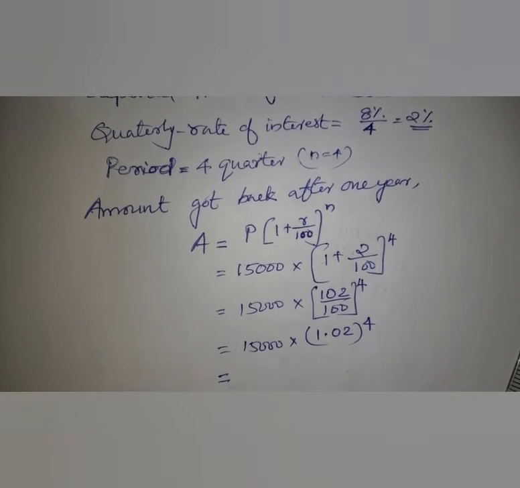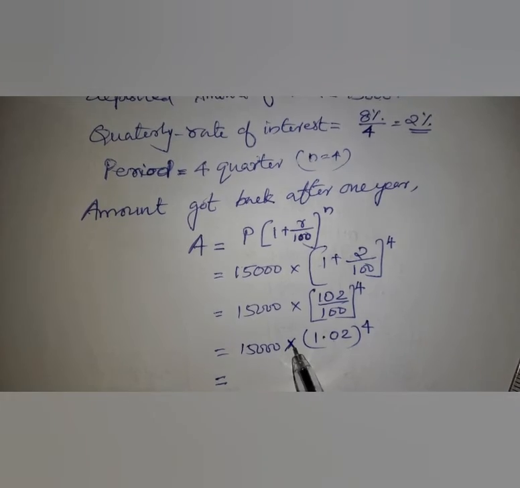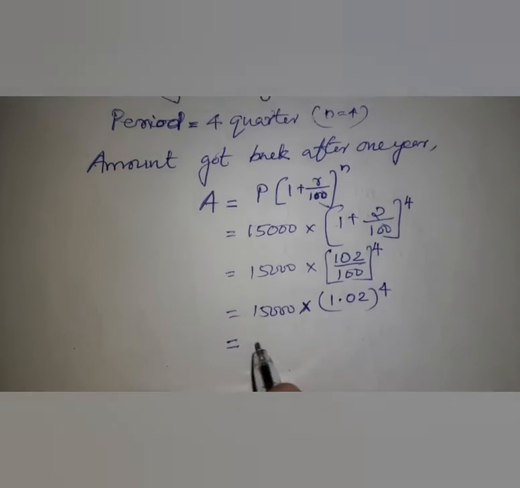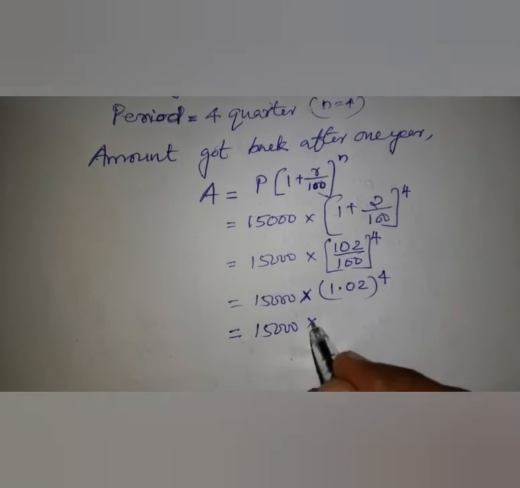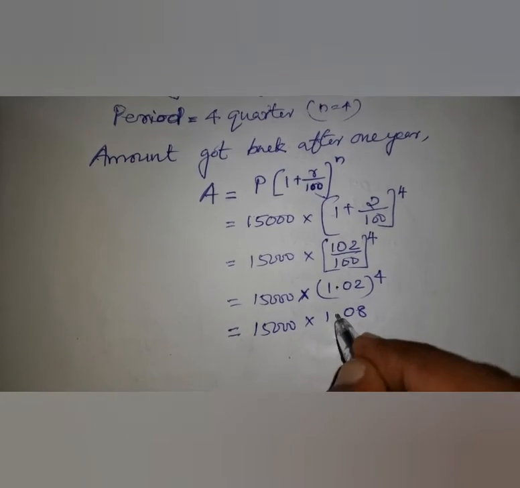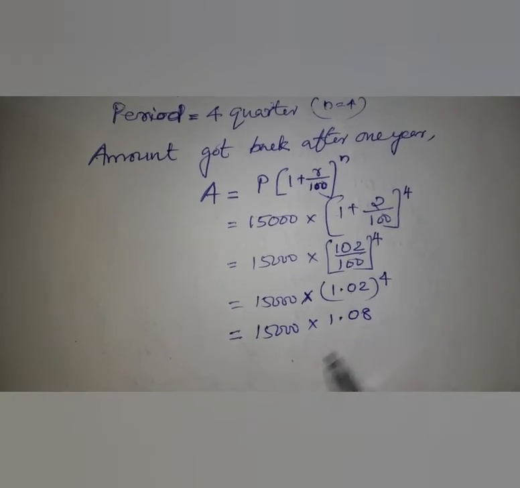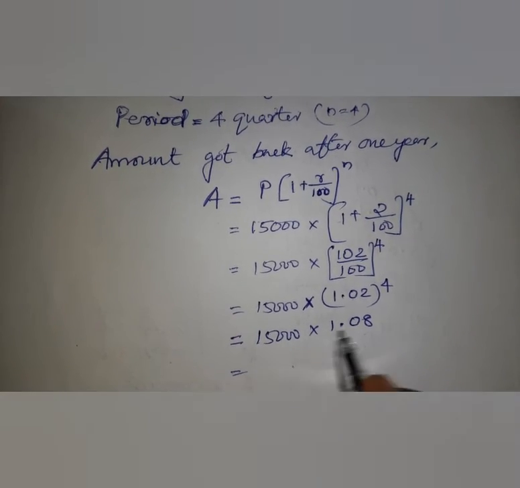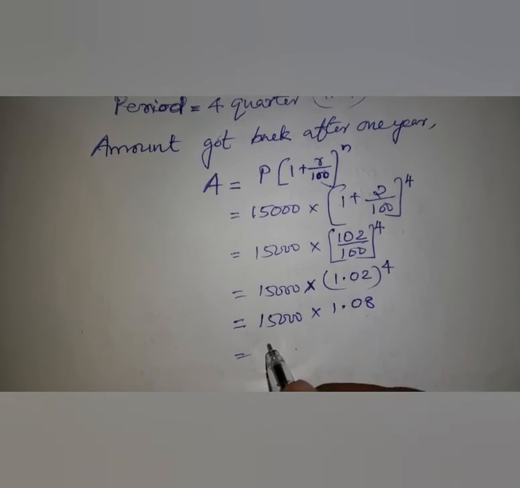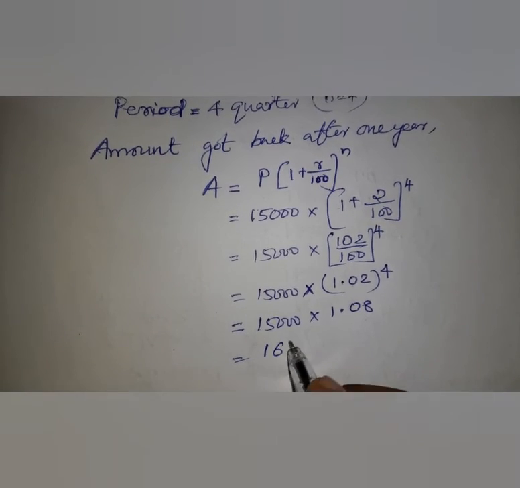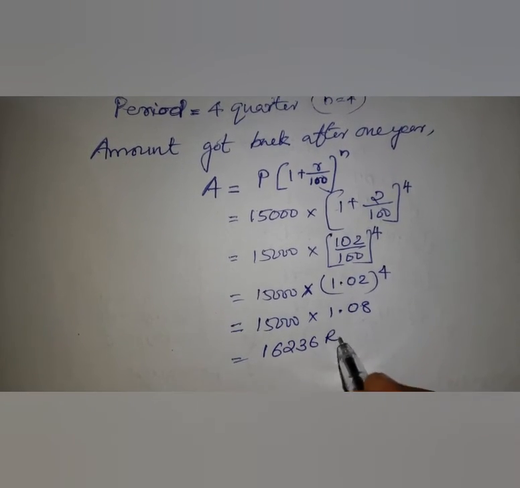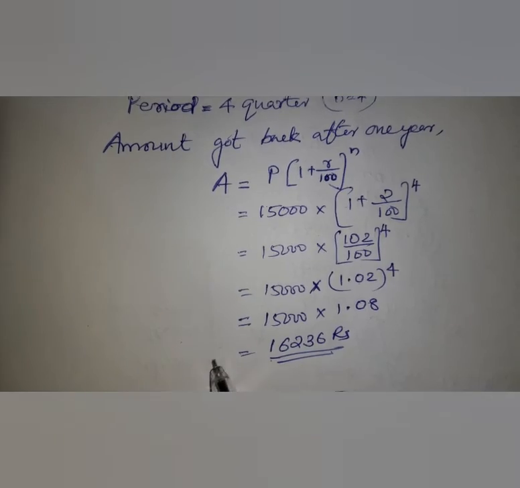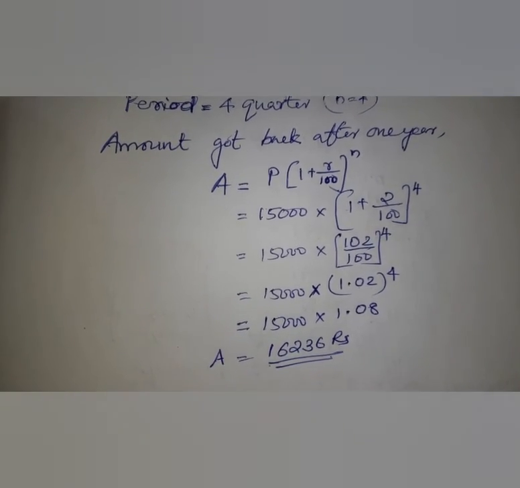So 1.02 raised to 4 is 1.08. Then with 2 decimal places, remember, 150 into 108. If you multiply, you will get 16,236 rupees as the final amount after 1 year.